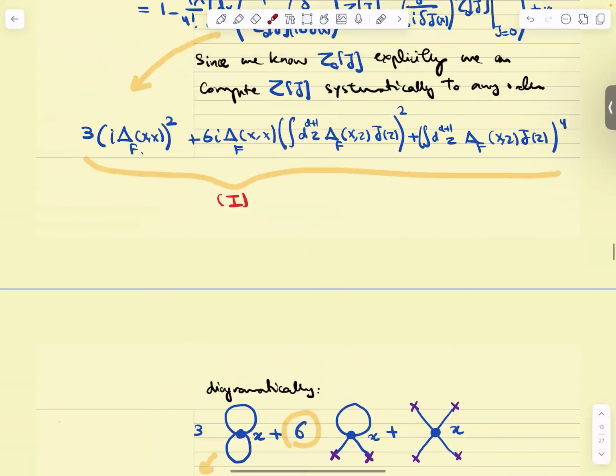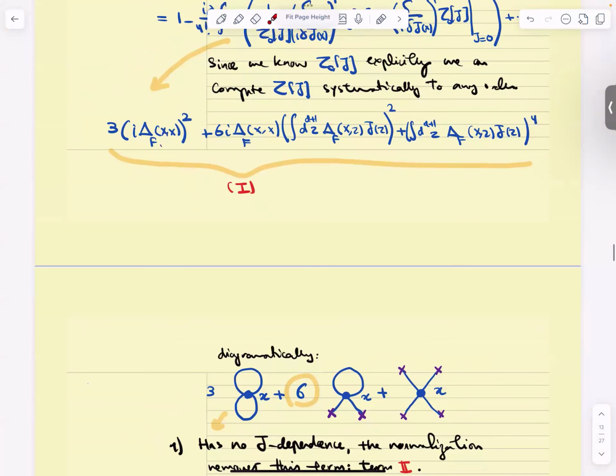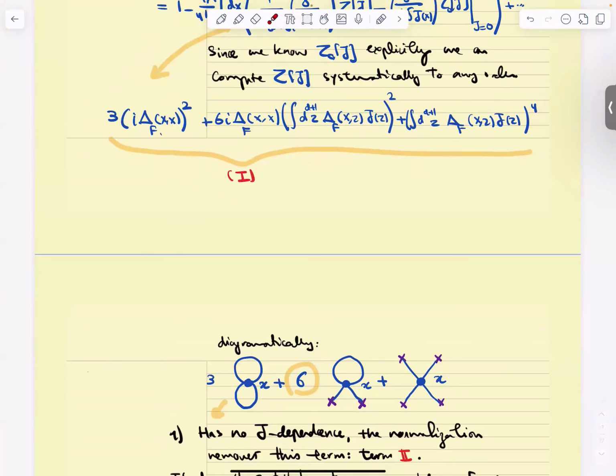All right. Diagrammatically, what does this mean? The first term is two propagators from x to itself. The second term is, there are two J's and then a propagator like this.